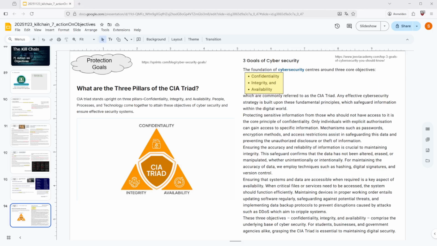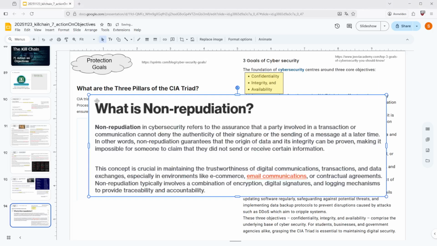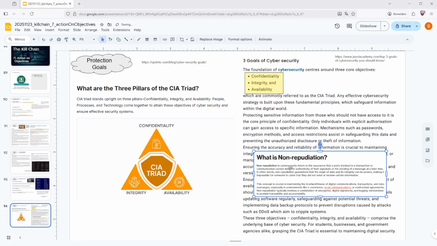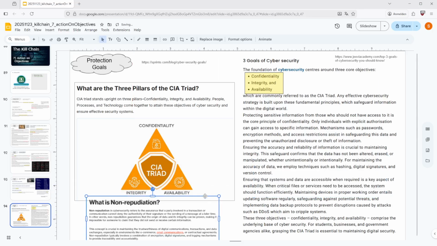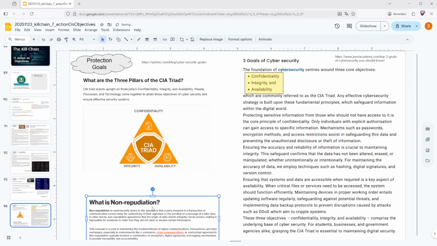So this is, for example, something I would like to show you. Now that I mentioned it, another thing to protect would be non-repudiation. Sometimes you want to make sure that people cannot argue that they didn't do something on the internet.